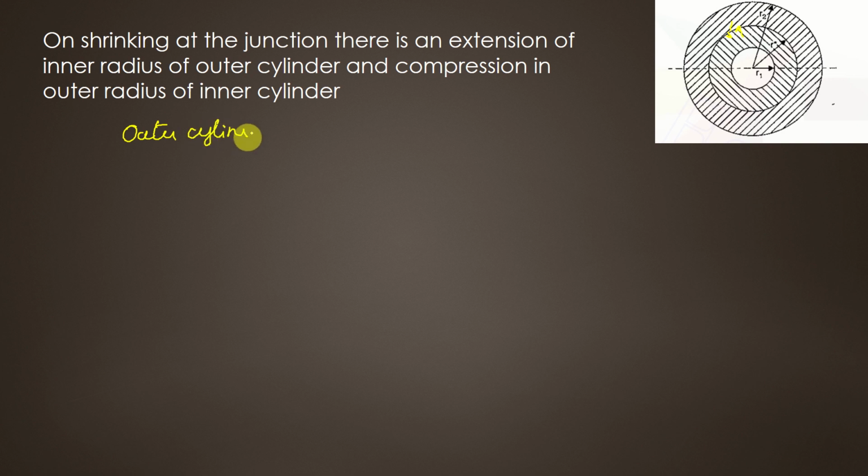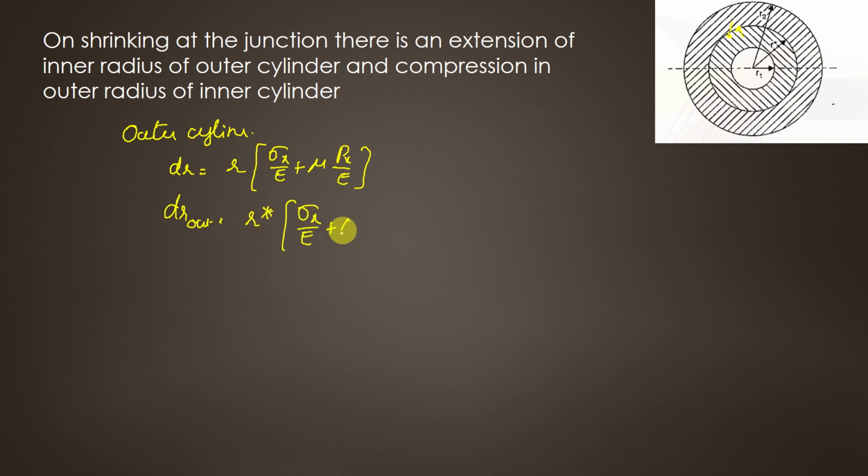In the previous slide we have dr is equal to r into sigma x by E plus mu into px by E. At the junction, dr for outer will be r star into sigma x by E plus mu into px by E.